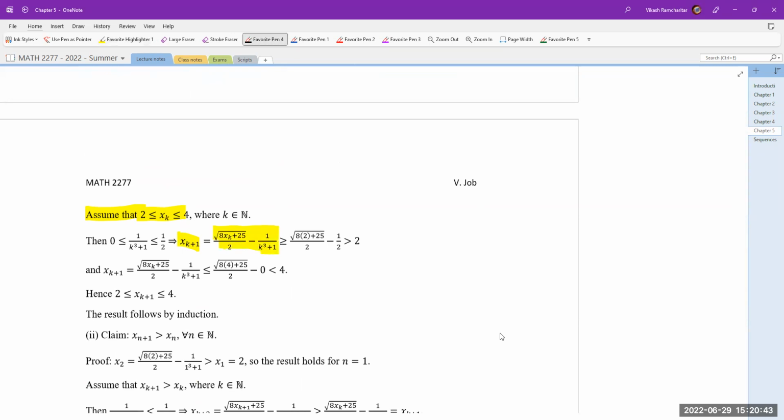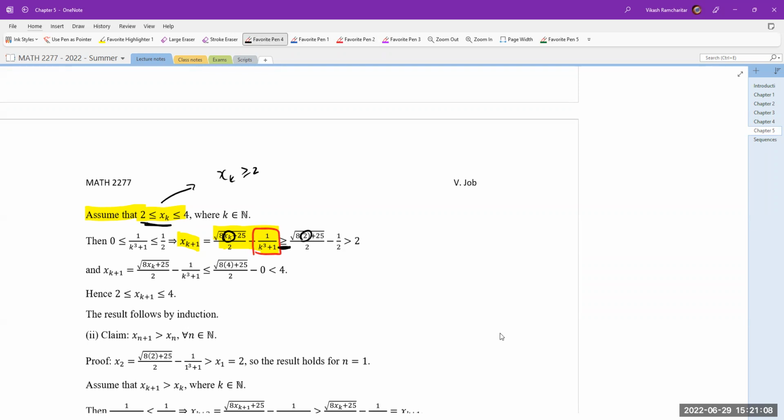And I know from my inductive hypothesis that xk is larger than or equal to 2. So I could say that this is bigger than or equal, and I could replace the xk over here by 2. And I also need a bound for this guy over here.